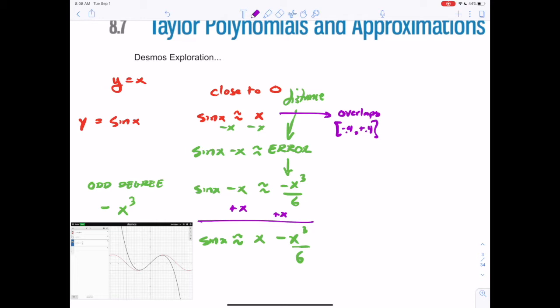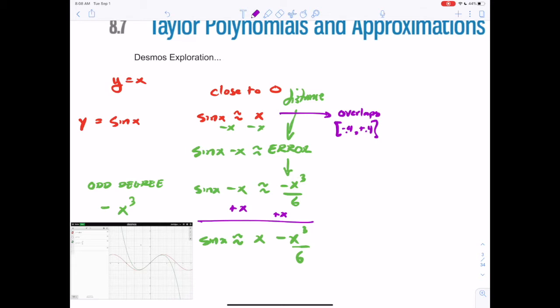Hopefully your answer is yes. So here, this black function, actually I'll keep it as green just to keep the same pattern. This polynomial lookalike overlaps that sine function a lot better than that linear function because it actually curves with it. So it's starting to behave just like it, right?